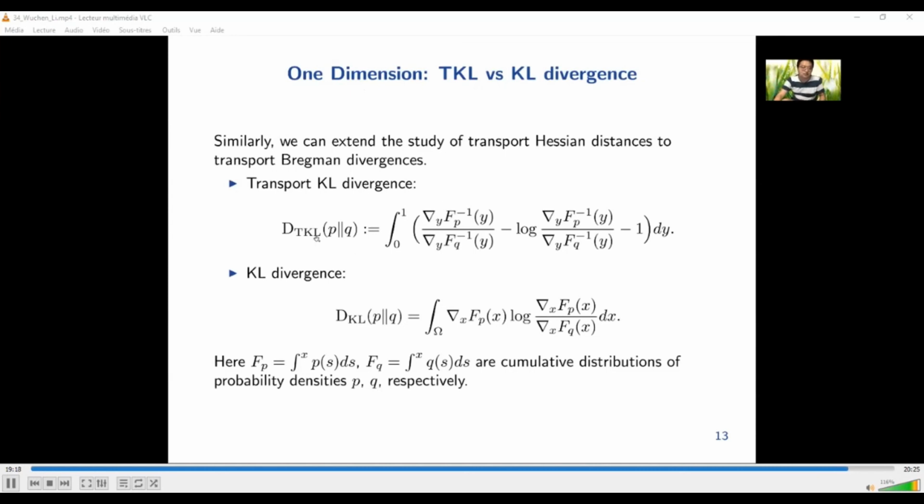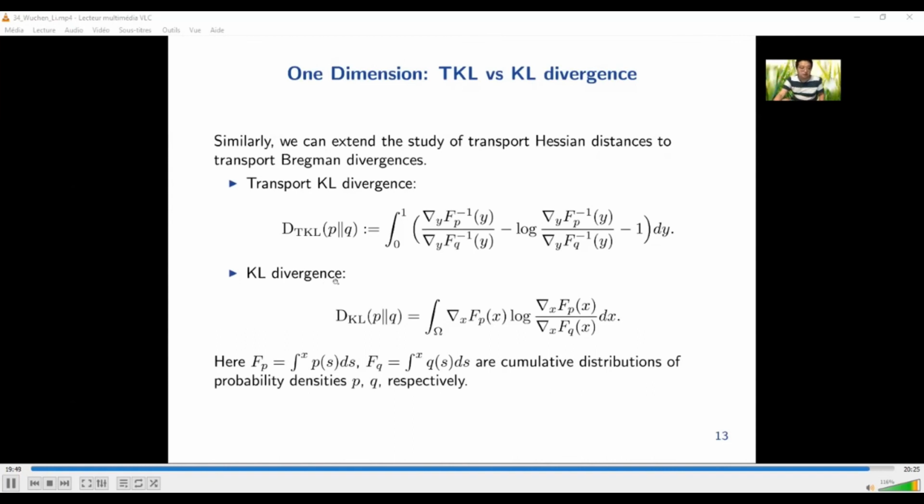You can do the following thing. This is gradient of F_p inverse over gradient of F_q inverse, minus log of gradient of F_p inverse over gradient of F_q inverse, minus 1, and you do the integration. And this format, again, is an Itakura-Saito kind of divergence, which I call the transport type divergence.